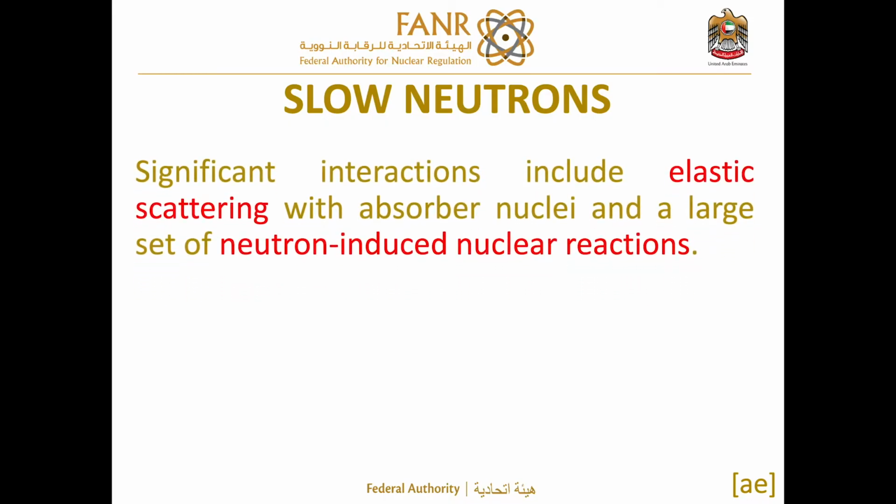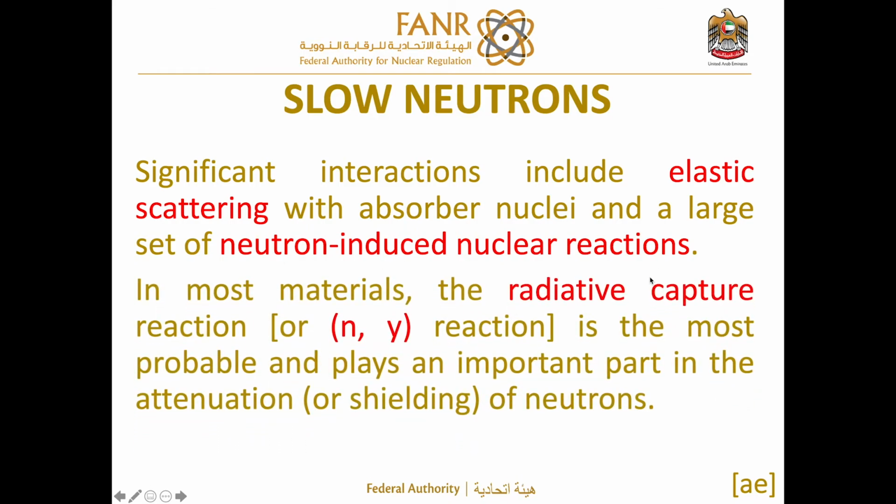How do slow neutrons interact with materials? Well, in most cases, the interactions include elastic scattering and also a large number of neutron-induced nuclear reactions, including, most importantly, capture of a neutron.